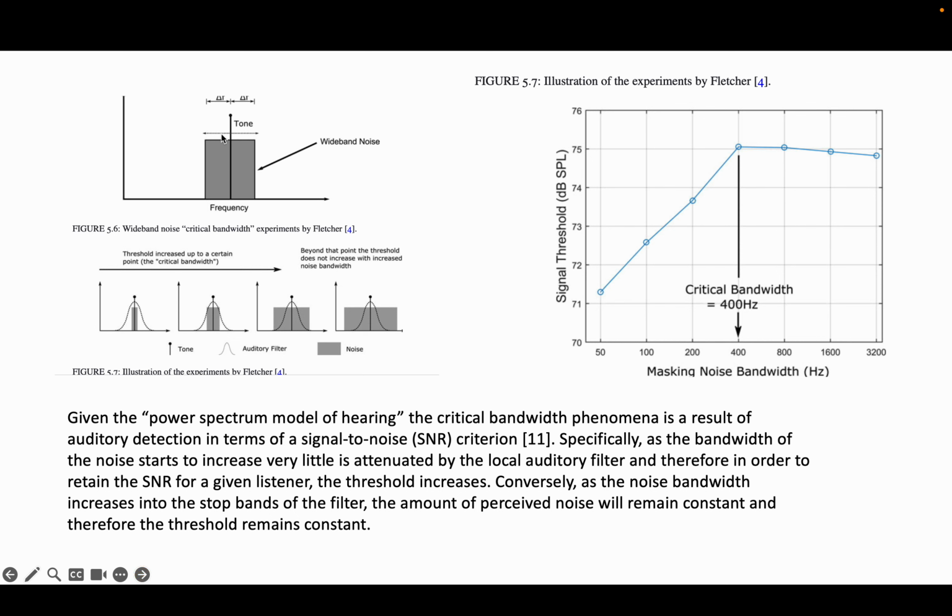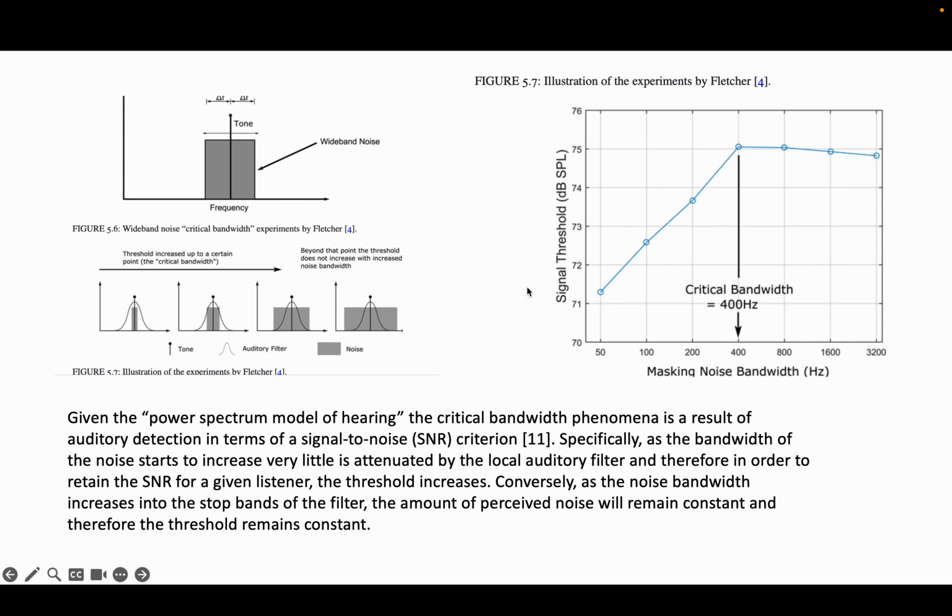And so here's a picture that illustrates that. You basically have your noise, and it's increased in bandwidth. And what happens is you have this critical band that's a function of the geometry of the ear, and we'll represent it here by this Gaussian shape. Once your noise window exceeds the width of the critical band, then it's no longer influencing what is inside the band.